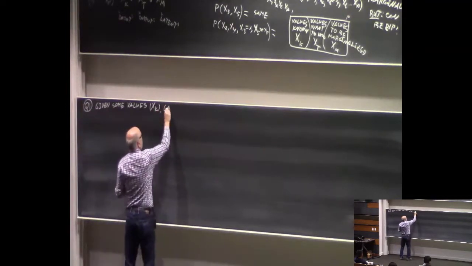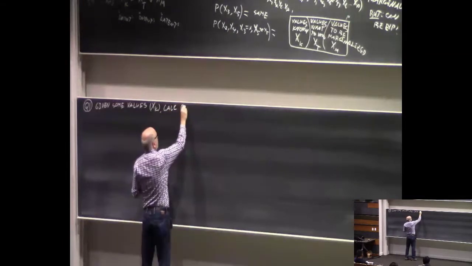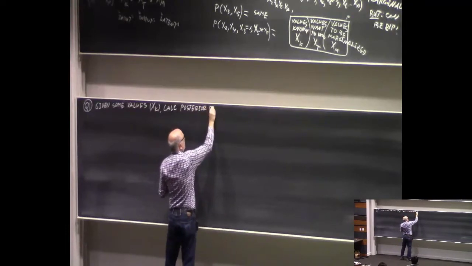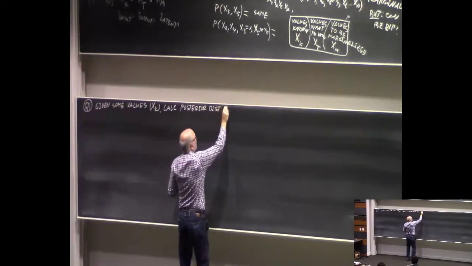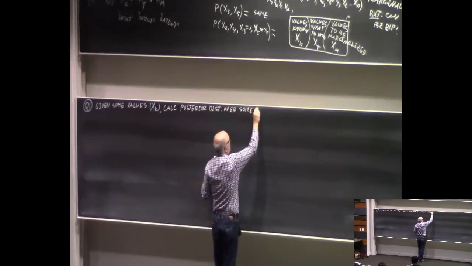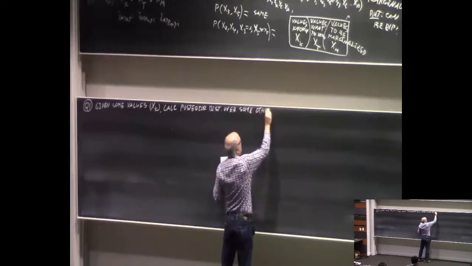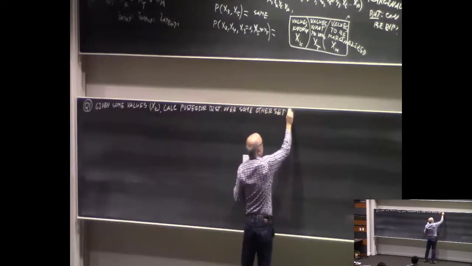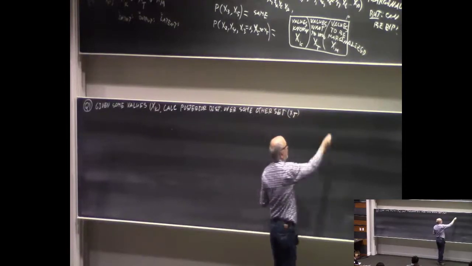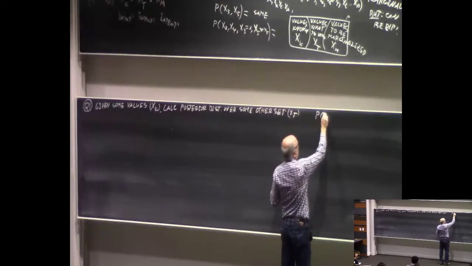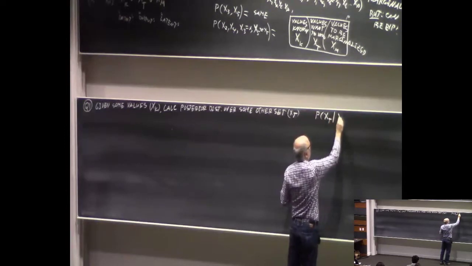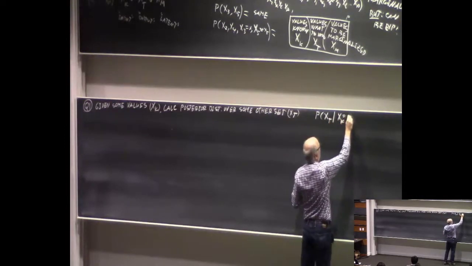Calculate the posterior distribution over some other set, which we called x sub t. So this would mean calculate p of x sub t given that x sub k is equal to some values.